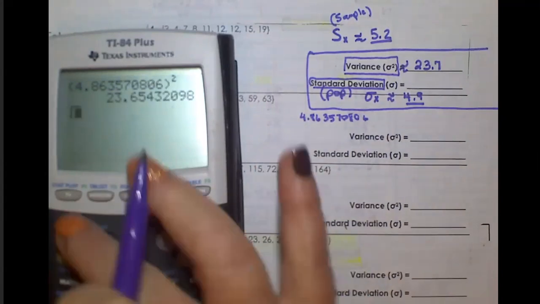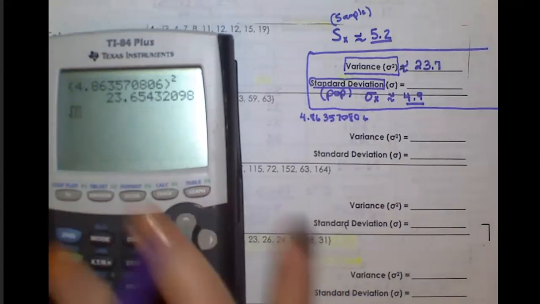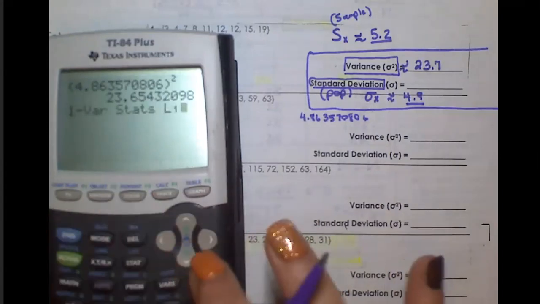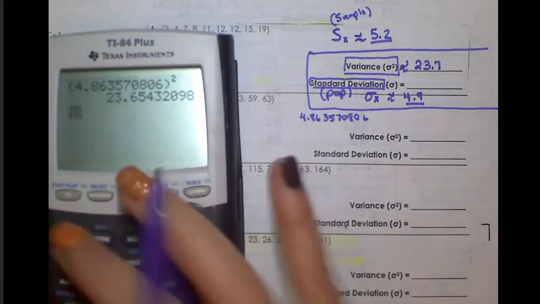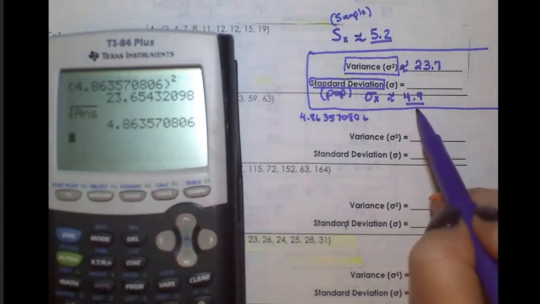If you take the square root of that answer, you get the 4.9 that we had.